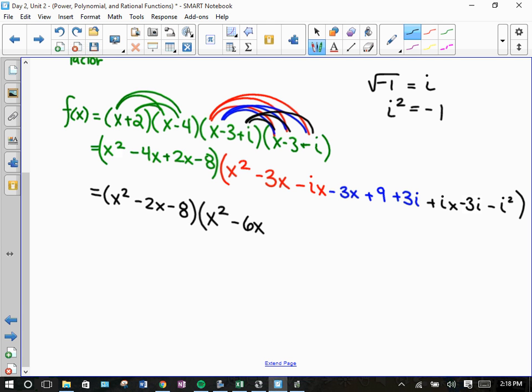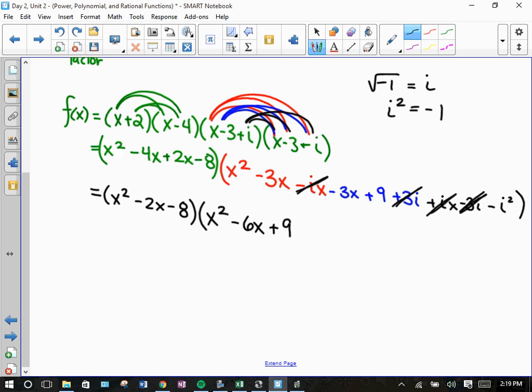Now you have minus ix and plus ix. Those cancel out. 3i minus 3i, that goes away. Plus 9. Then, I know i squared is equal to negative 1. So I have i squared, that's negative 1.